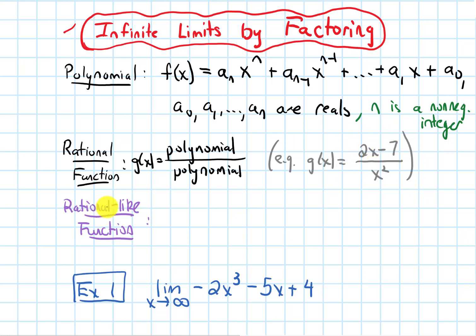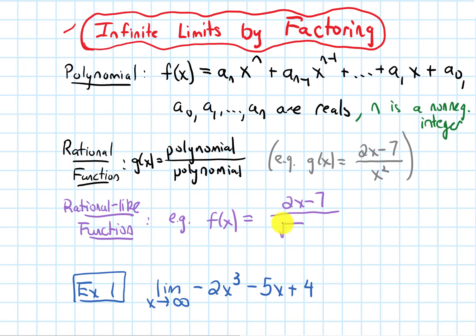And now let's do what I'm going to call a rational-like function. The easiest way I can describe this is by giving an example. If I had a function like 2x minus 7, but now in addition to just letting the powers of x be non-negative integers, I'm going to allow things like fractions.